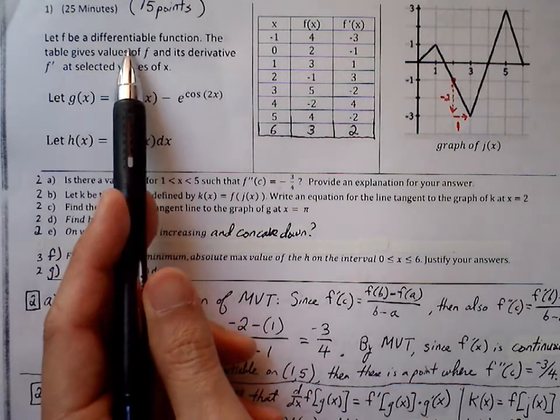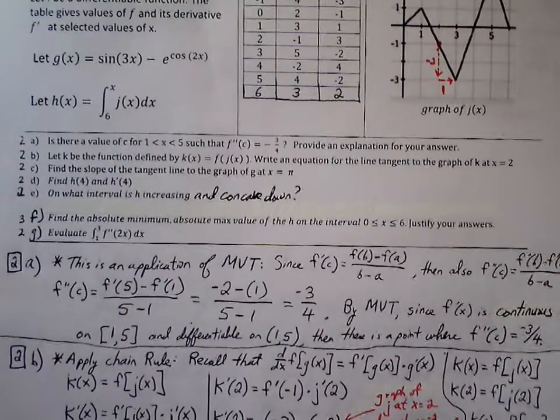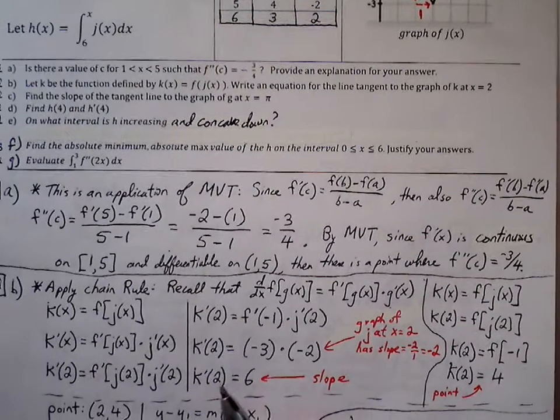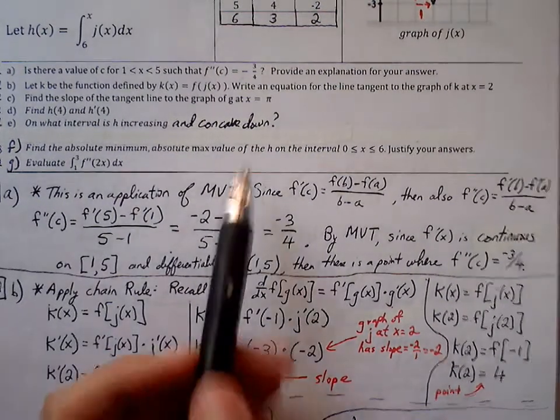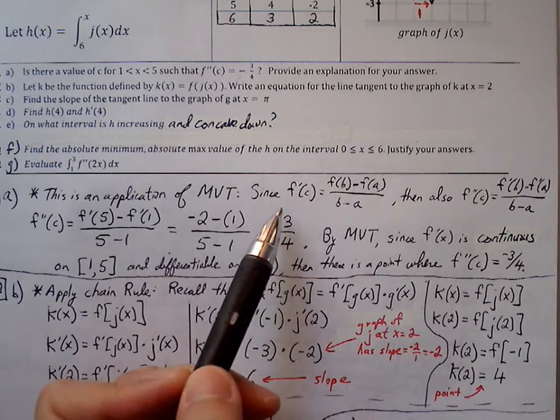It's a function that is at least 2 degrees or higher in terms of its x squared or higher. And so we're going to be applying mean value theorem, but we're going to have to adapt our mean value theorem so that it can work for this case. Recall that the point of mean value theorem is to guarantee a specific slope.